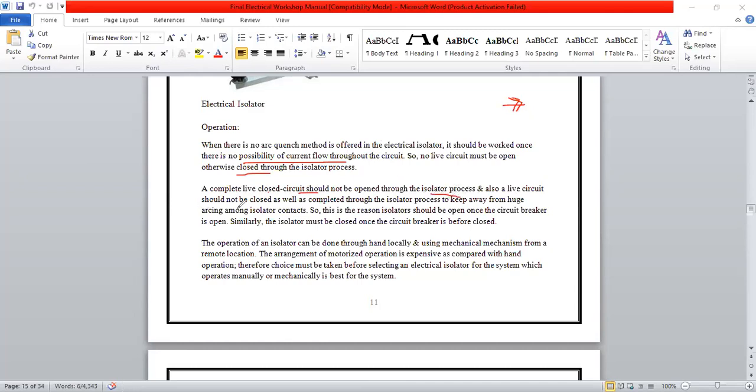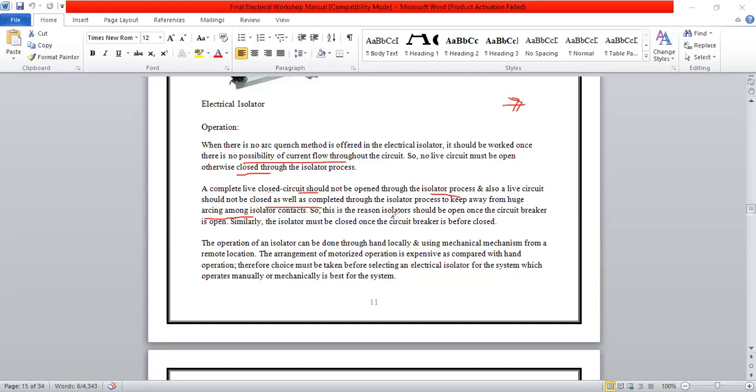Also a live circuit should not be closed or completed through the isolator, to keep away from huge arcing. In that situation, when the loaded terminal is there, huge arcing will happen, and sometimes over voltage will happen.